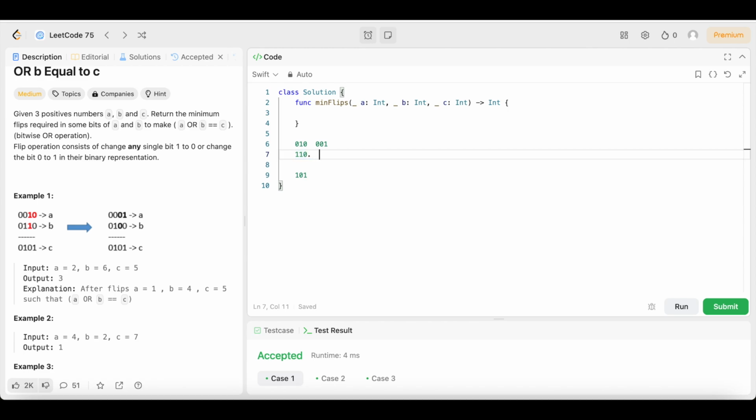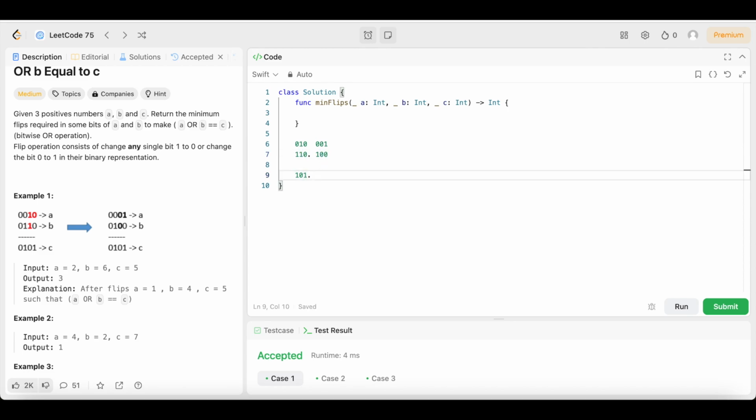Then we come over here, and we'd have to turn this 1 into a 0. I'll show you when it's done. So that would make a third flip.